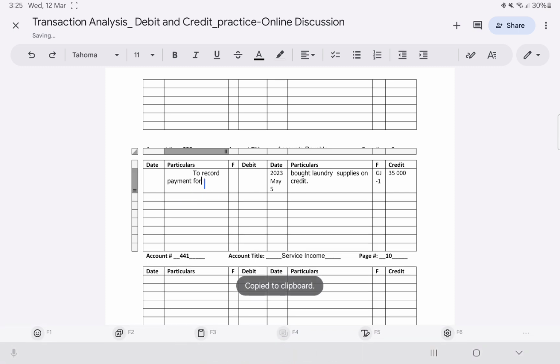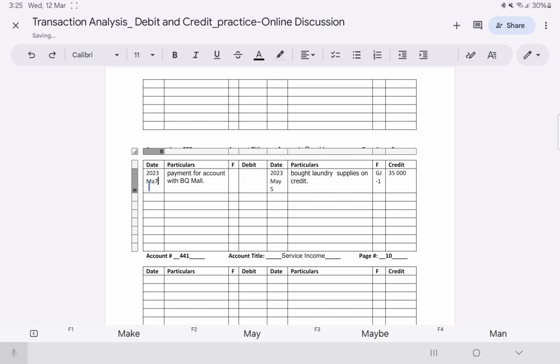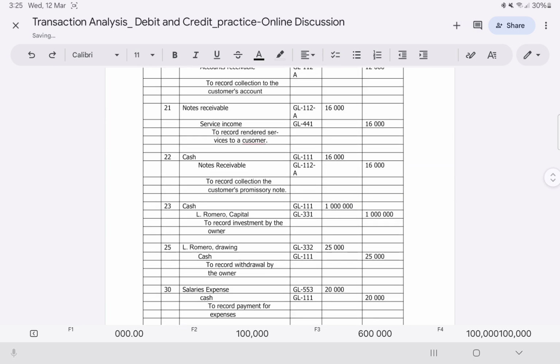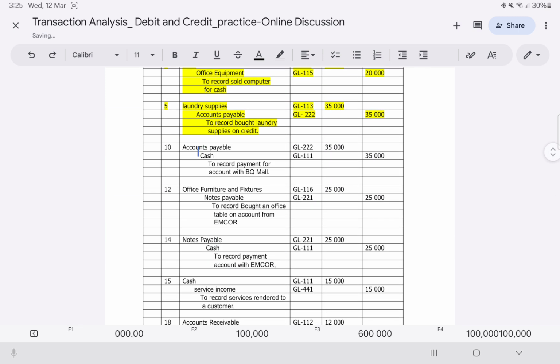So we are closing our account, so that our supplier will not keep coming back to collect our debt. Okay? So 2023 May 10. JG-1, then 35,000 pesos. Okay? So we are done with the debit transaction on May 10.